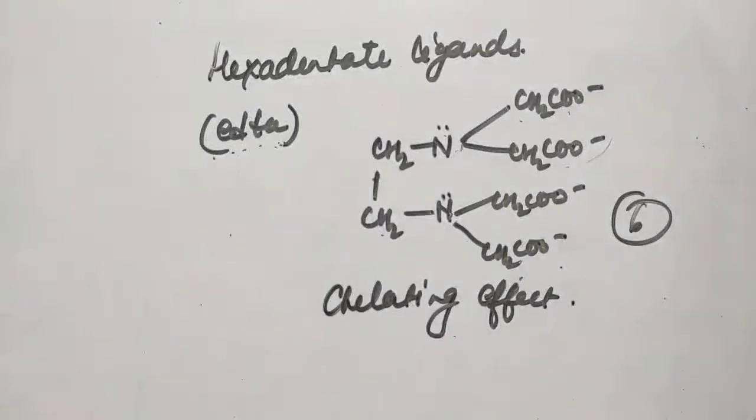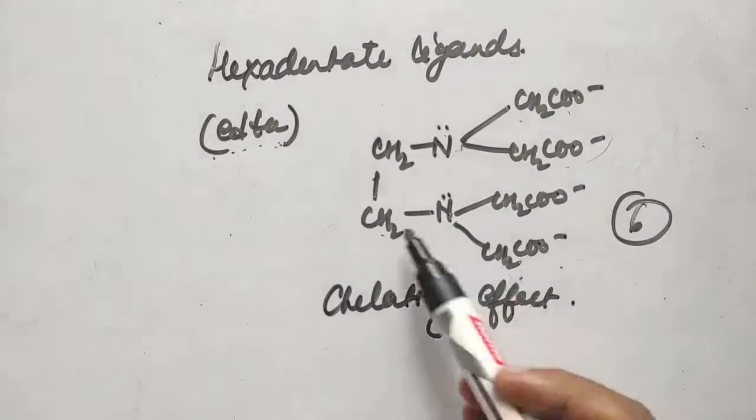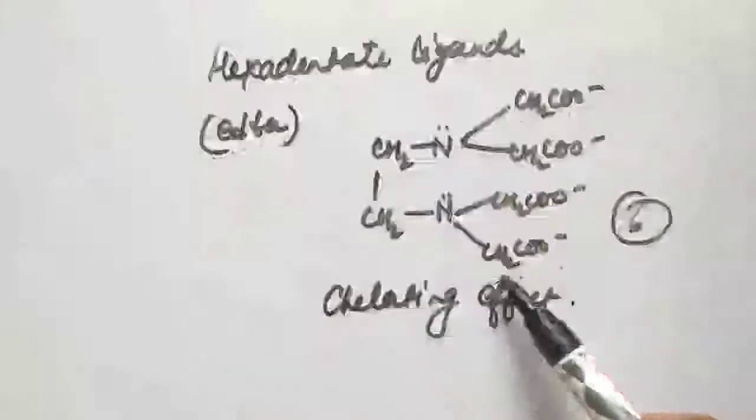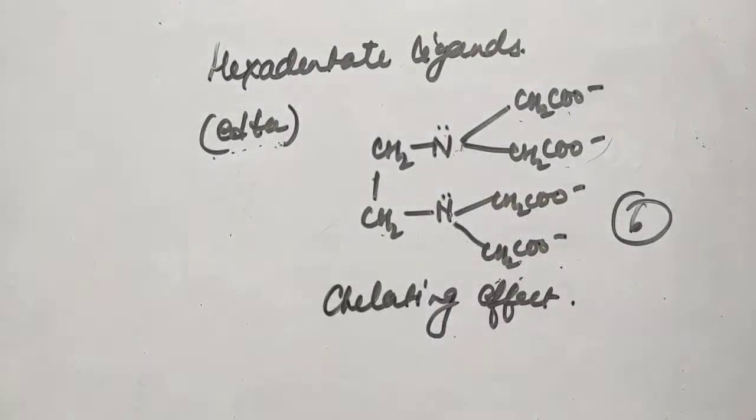Now, the ligands with large groups forming chelate, versus a ligand which is small and forming a chelate: the smaller groups forming chelate rings are more stable than the bulky groups forming chelate, and this can be understood from steric hindrance.